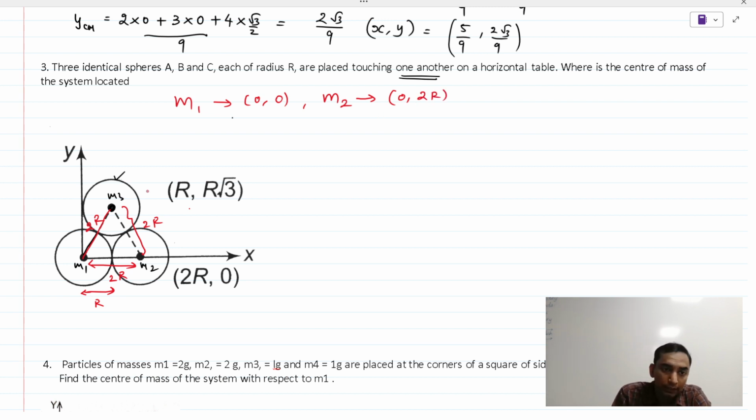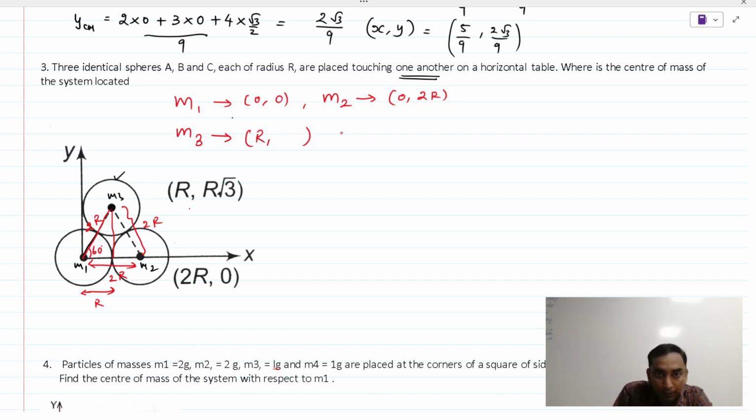And just now we had discussed that mass 3 coordinates will be, if I drop a perpendicular line, the x coordinate will be half of 2r, so it is only r, correct? And again, this would be an equilateral triangle, so 60 degrees.